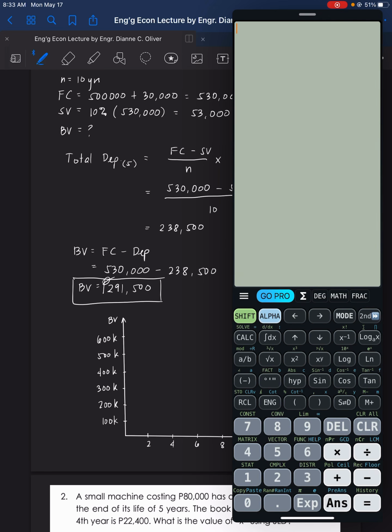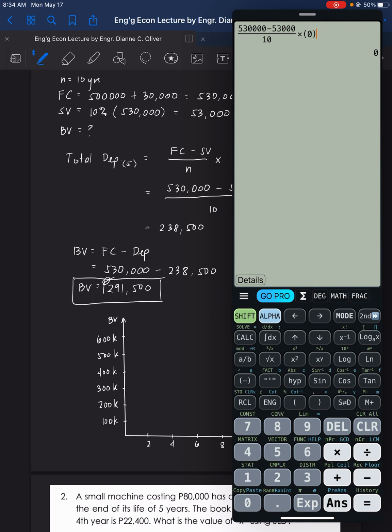Alright, so for the first cost of 530,000 minus the salvage value of 53,000, then we have here the n as the number of years, which is 10, and then let's take here the depreciation at time 0.